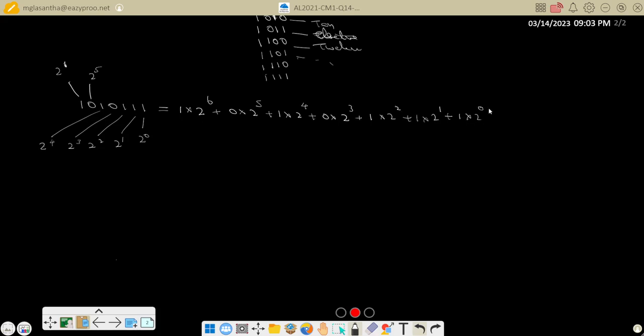That is how you expand these numbers. Each digit is multiplied by either 1 or 0.